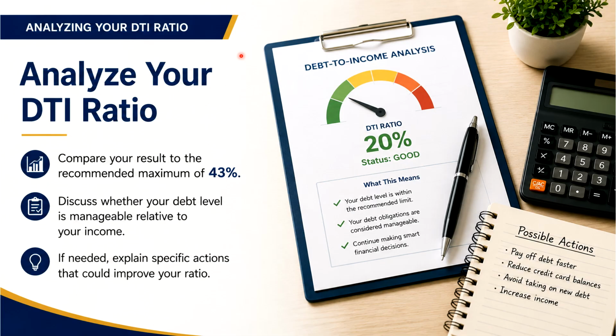After calculating your debt to income ratio, you're going to compare your result to the recommended maximum of 43%. The assignment asks you to describe how your ratio compares to the recommendation. Think about whether your percentage indicates a healthy balance between debt and income.